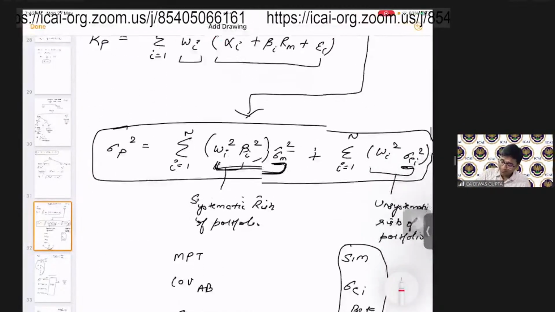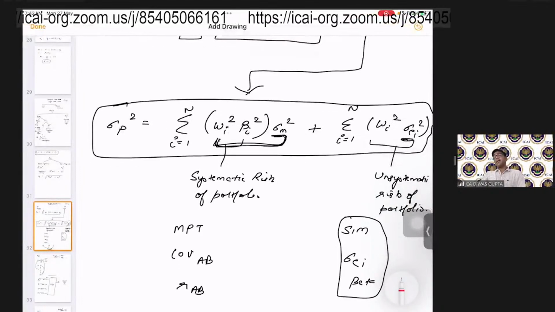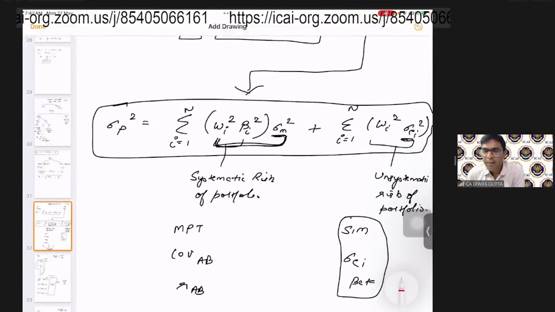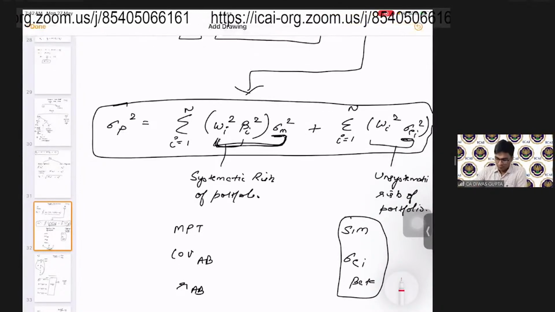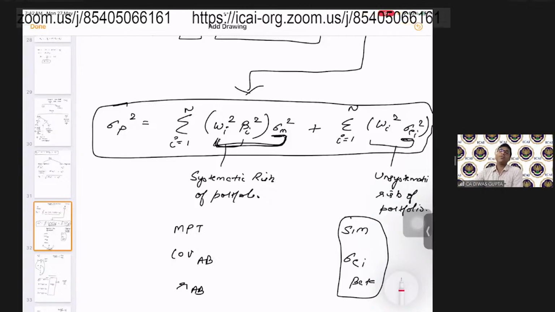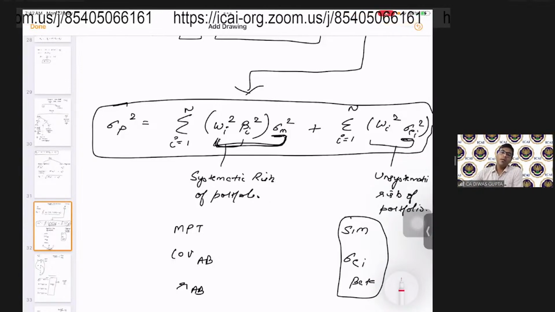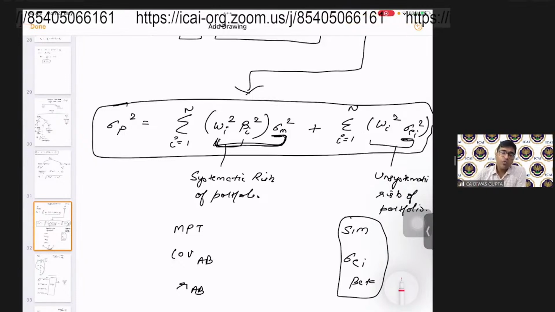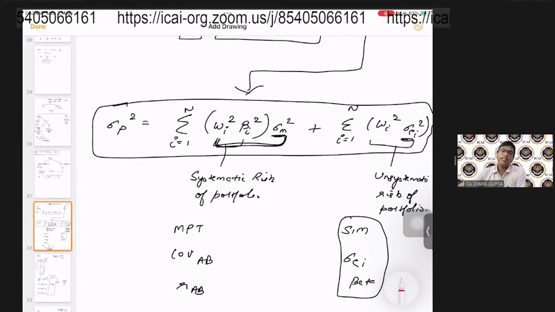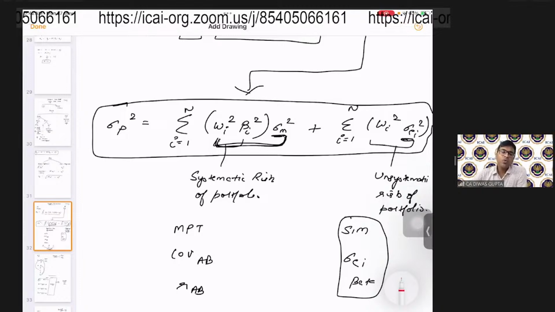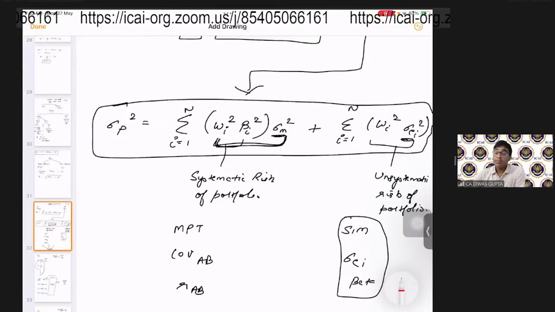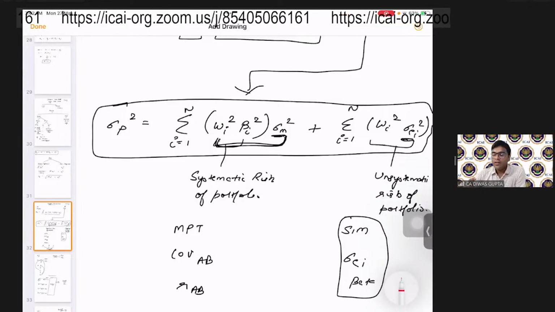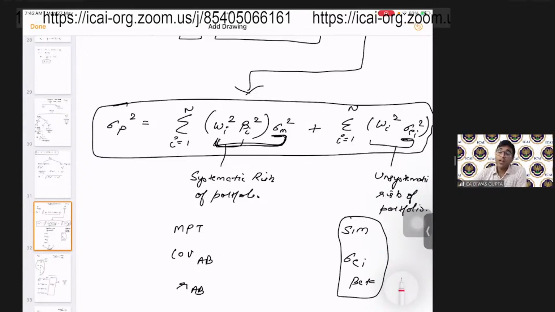Risk part. Now, risk part is very easy to calculate here because in Markowitz portfolio theory, whether it is two securities, more than two securities, let's say 4, 5, 6, however many securities there are, you will have to do the calculation using a matrix. And that will involve a lot of additions, a lot of calculations.